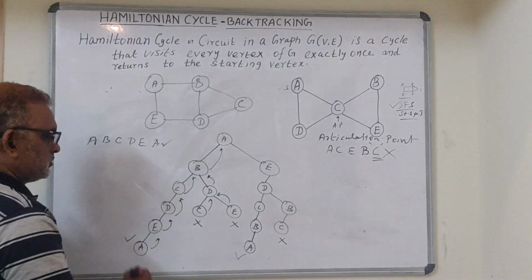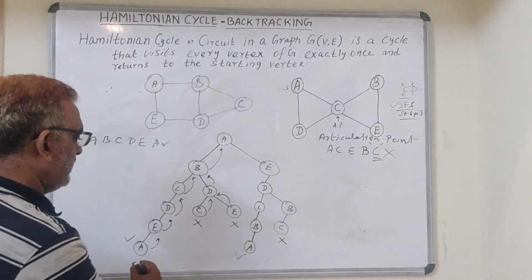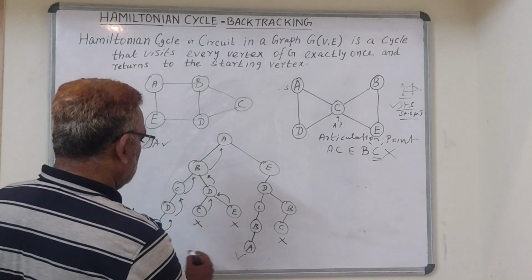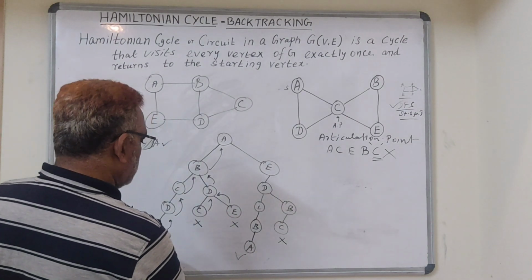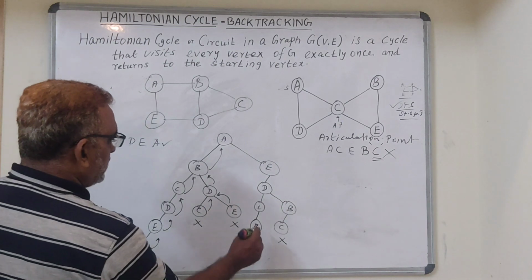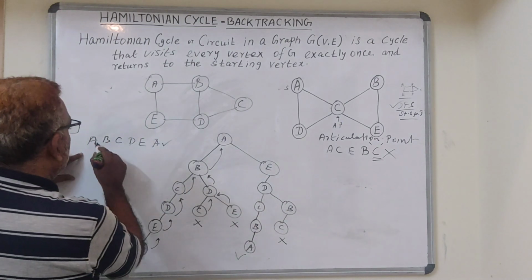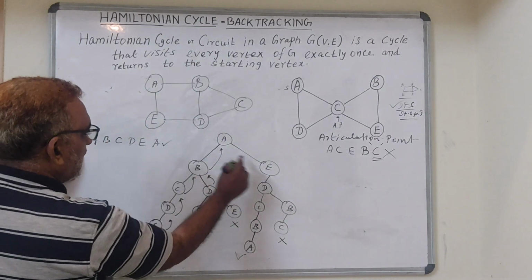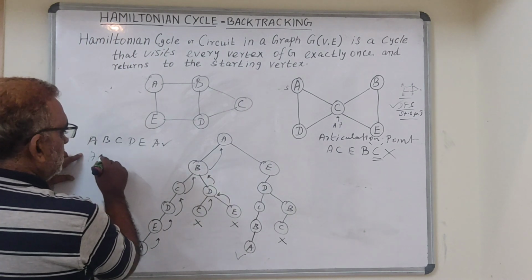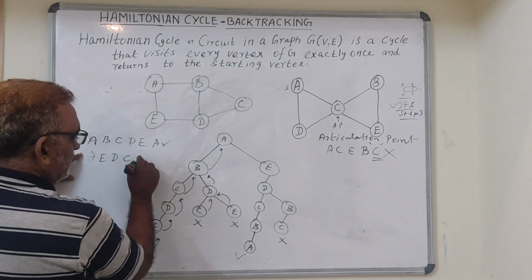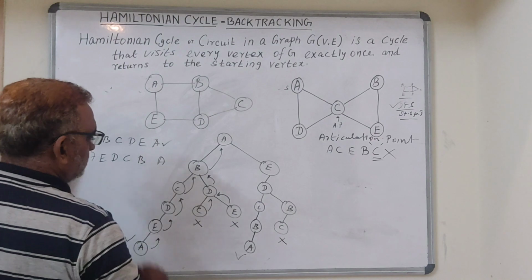You stop here. So in this case we have two possible Hamiltonian cycles. One is A, B, C, D, E, A, and another is A, E, D, C, B, and A.